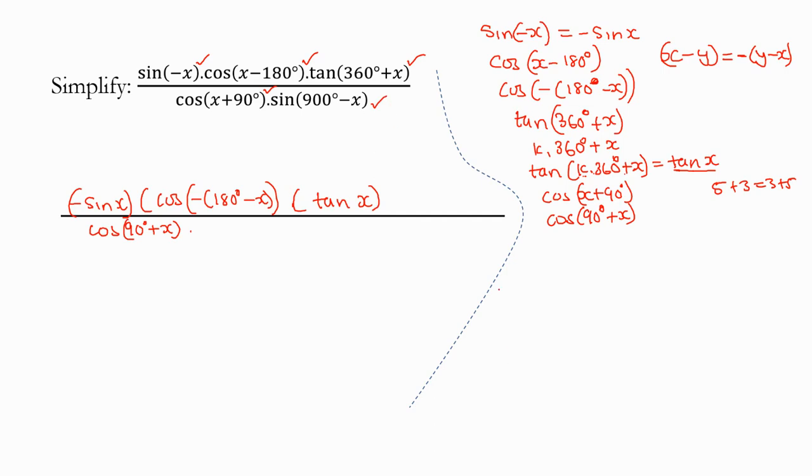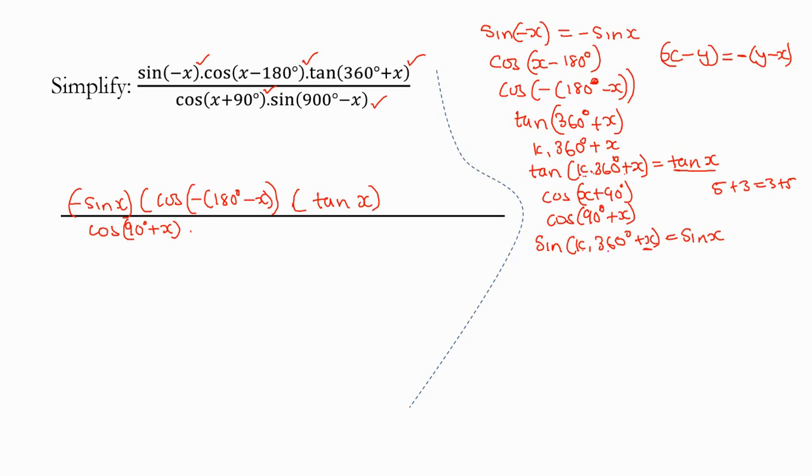Sine 900. Again, we're going back to angles more than 360 degrees. Remember, we said that sine of k times 360 degrees plus x is equal to sine x. 900 is going to be 360 times what?